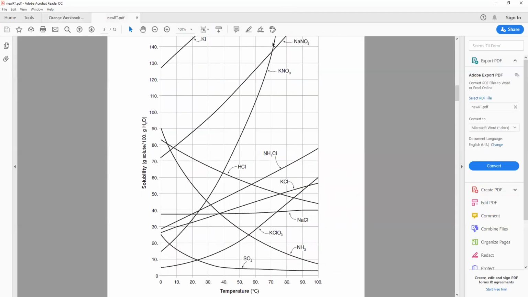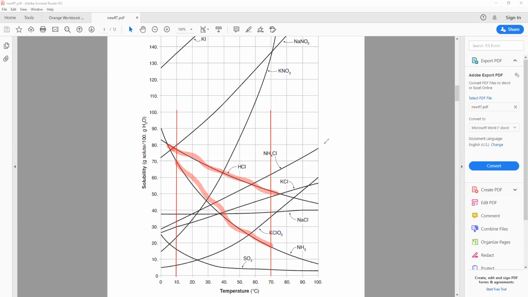So from 10 to 70, let me just draw this. Here is the HCl, and here is the NH3. So let's see.